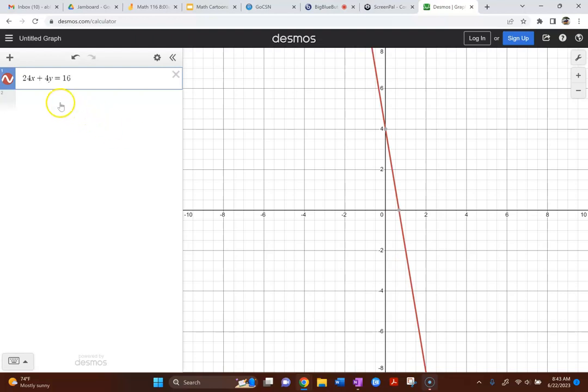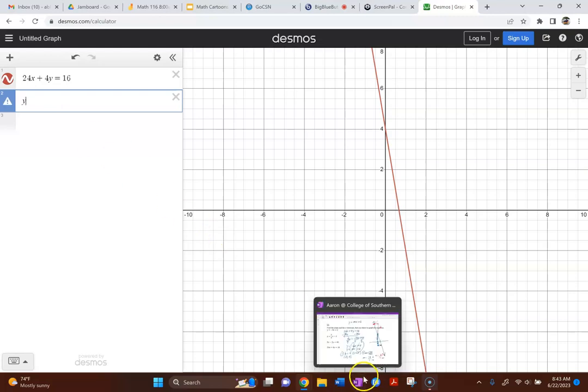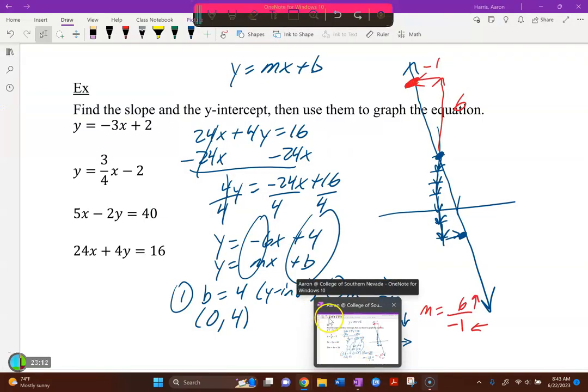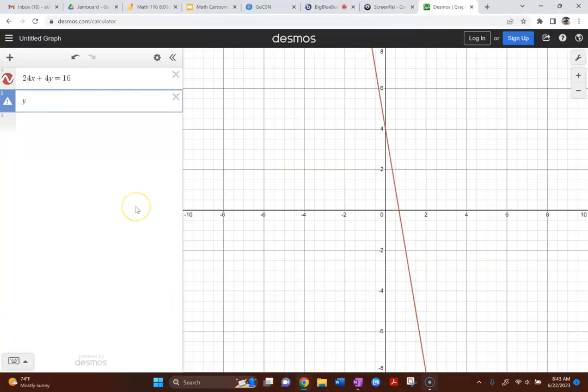And there it is, which, by the way, is the same as what we solved for y. That was y equals negative 6x plus 4. And notice that's the same line, right? The blue went over the red there.